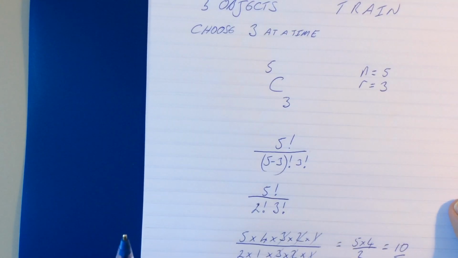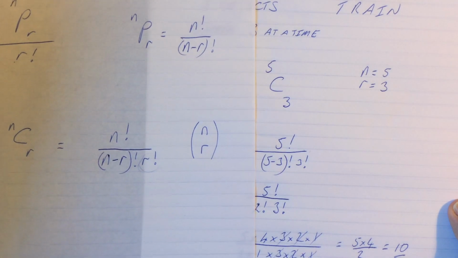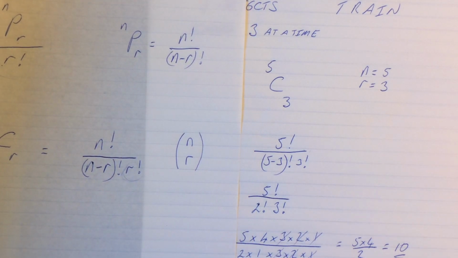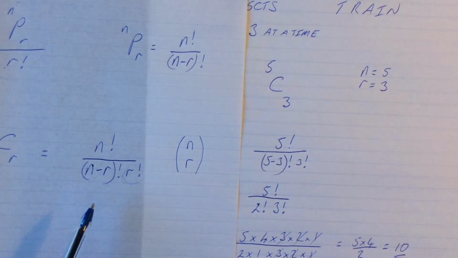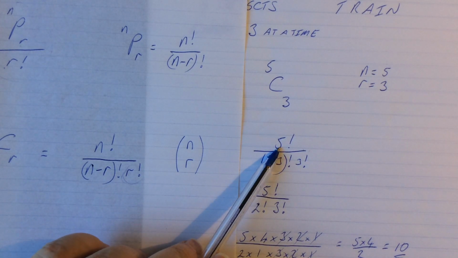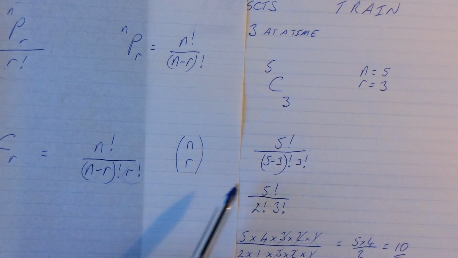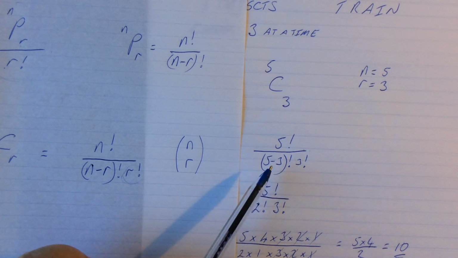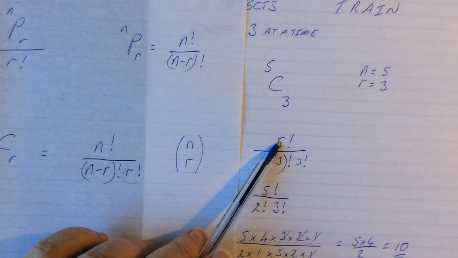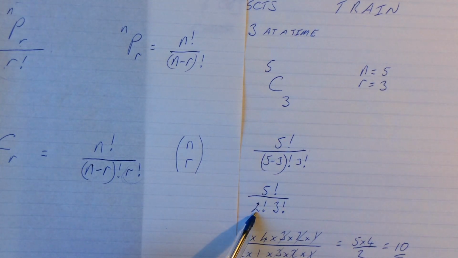Set this up using the formula, which I'll put to the left here so you can see it: n factorial over n minus r factorial times r factorial. So 5 factorial over 2 factorial times 3 factorial.